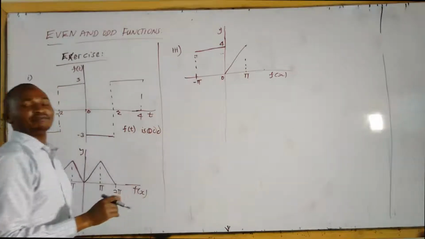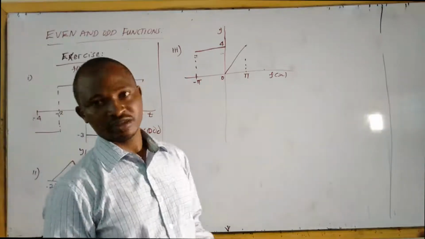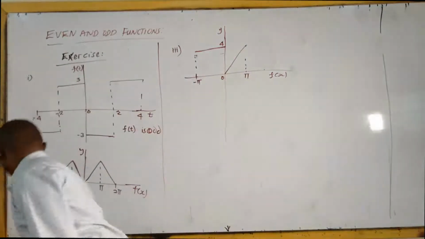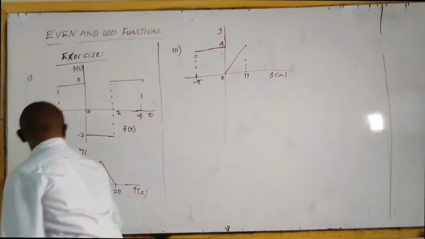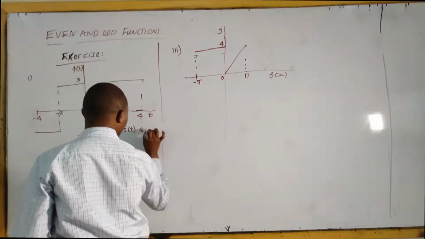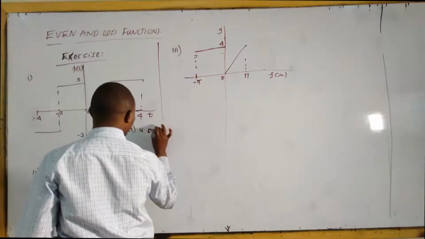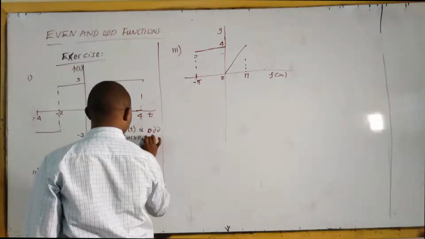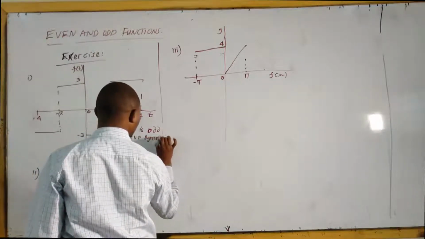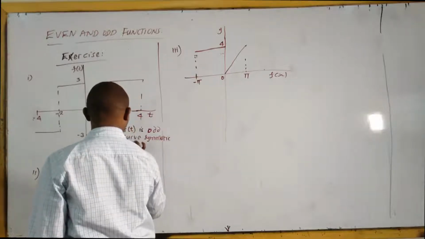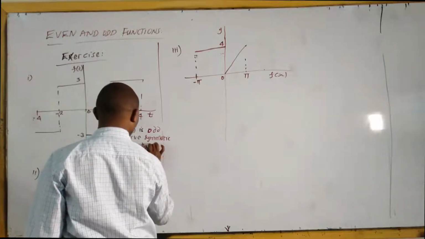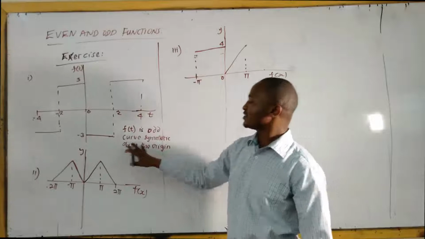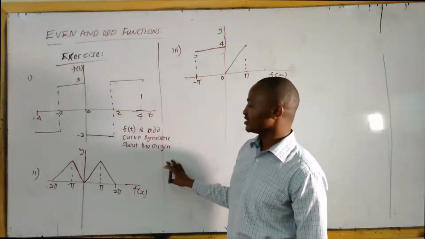Its graph is symmetric about the origin. The function f of t is odd because the curve is symmetric about the origin.